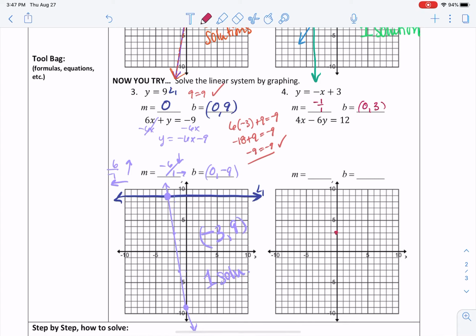So 0, 3, and then I'm just going to do a couple to get it going, and then I can graph on my grid. So there's the first line.